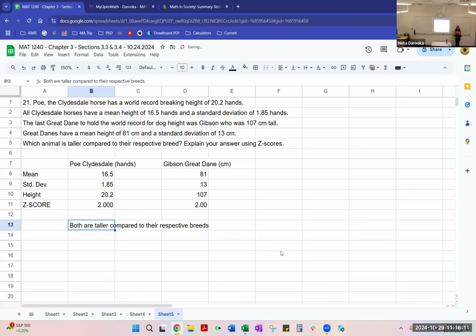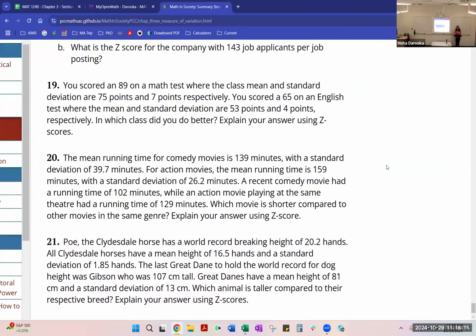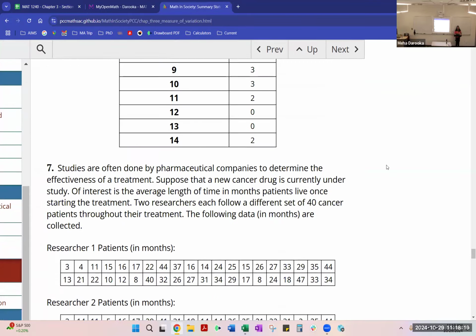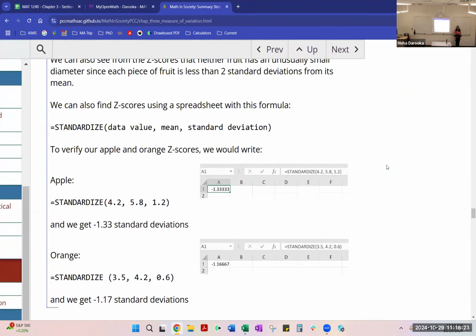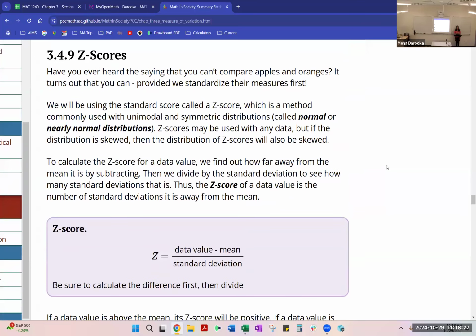breeds. Bless you. All right, guys, questions on this last part here with the z-scores and using that as a comparison tool for basically unlike quantities that could be compared together. Everybody okay? Yeah?